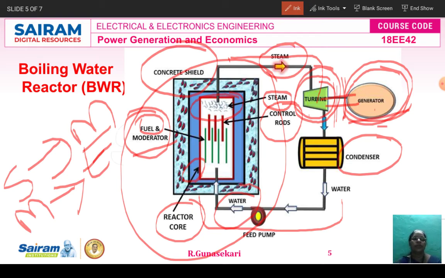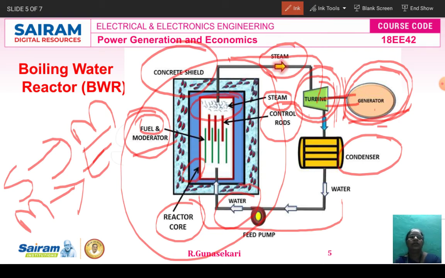So this is the function or operation of the boiling water reactor. Now I hope you can clearly understand, because before I explained the components used in the boiling water reactor and then the functions. Now once again I explained the boiling water reactor with the diagram, and now you can easily understand.